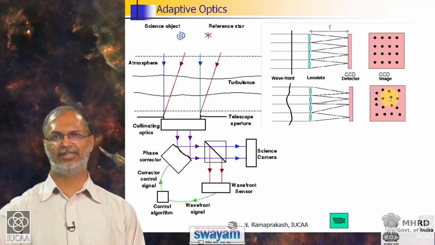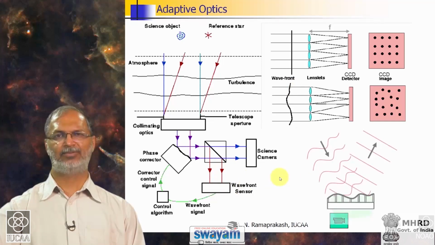So, by measuring the movement of these spots with respect to its grid pattern which would have been obtained without a distorted wavefront, you can know what the instantaneous slopes of this wavefront are at each of these parts. Now, by stitching together the instantaneous slopes, you can measure the overall shape of this wavefront, and that is what this wavefront sensor does.